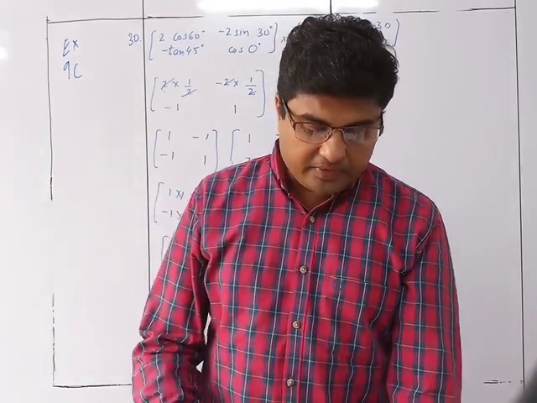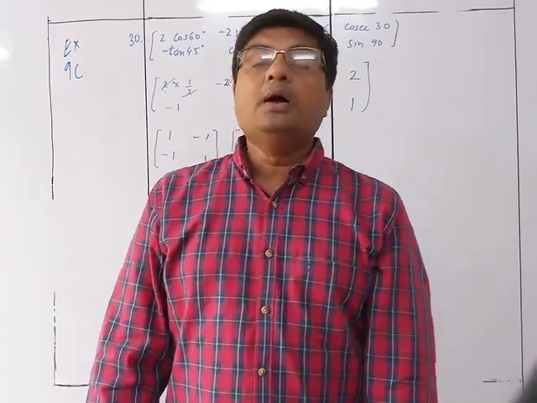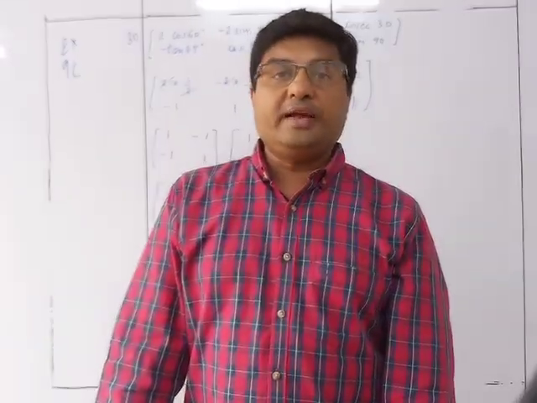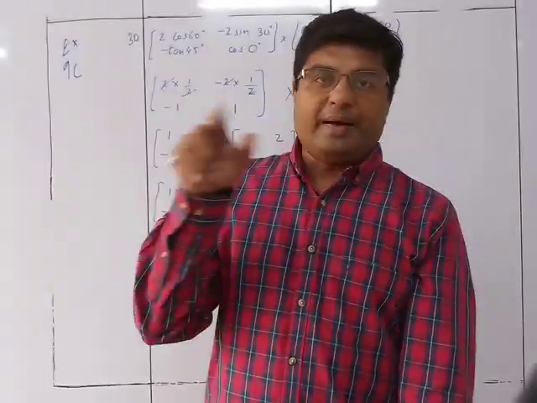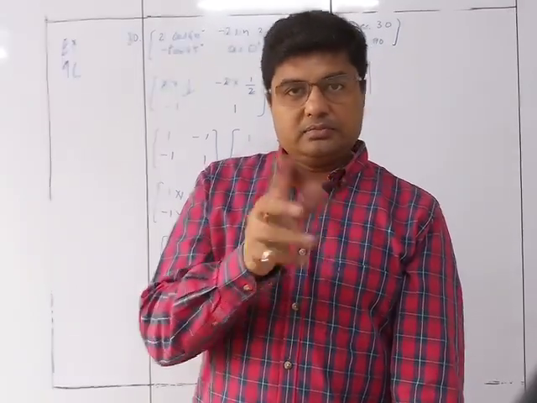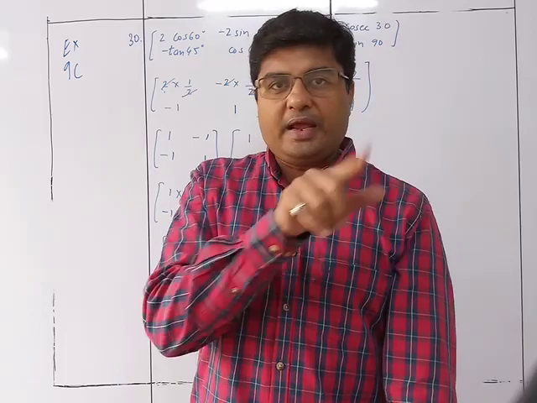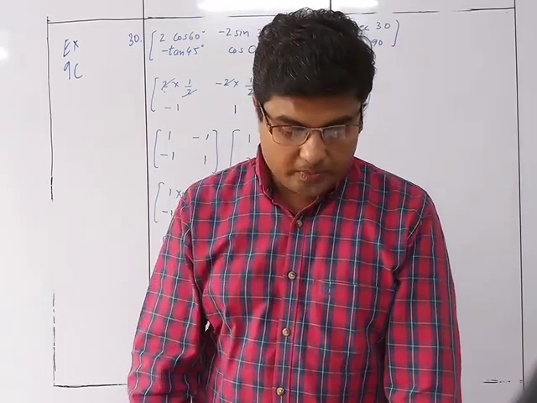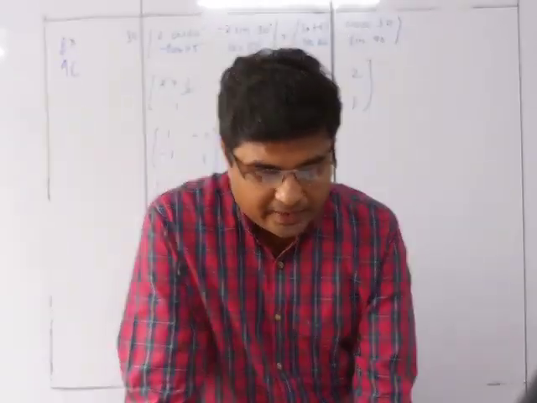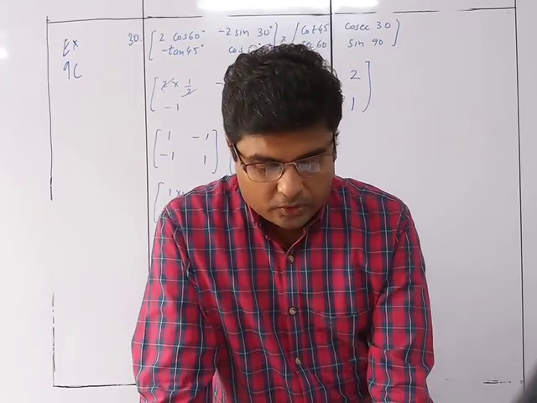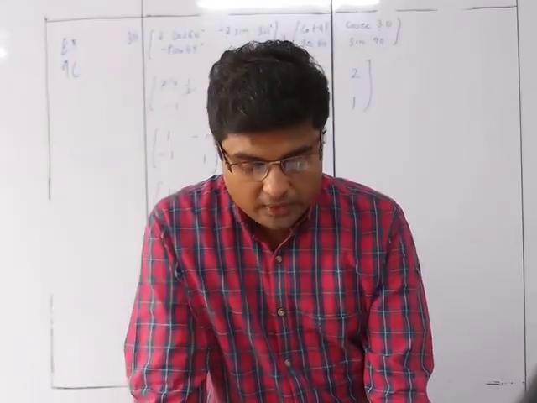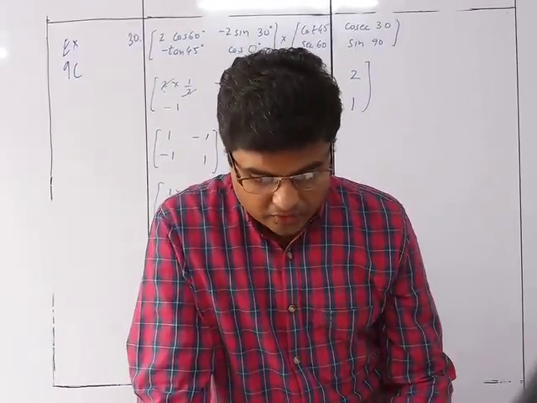Even if it is subtraction, it will be distributive. So matrices are distributive, meaning A into (B minus C) will be AB minus AC. That is going to be true. A into (B plus C) will be AB plus AC, also true. So (A minus B) into C is equal to AC minus BC. That is also true.